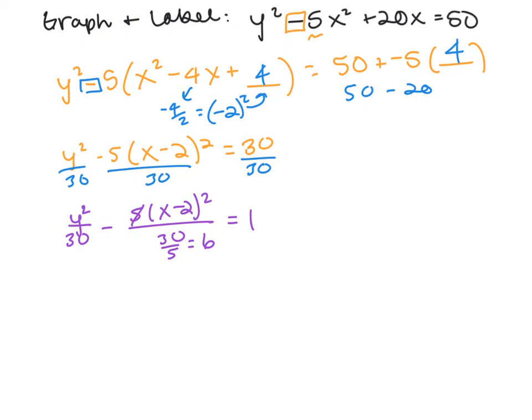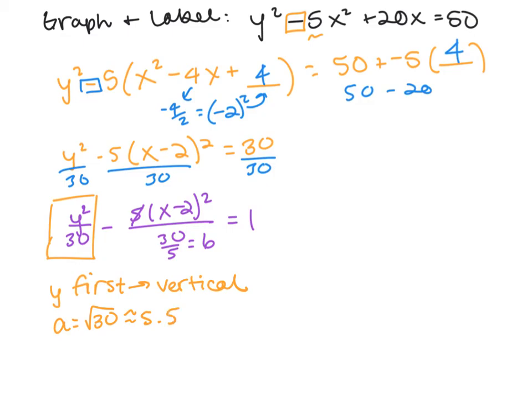So now we can figure out all of our pieces. First off, like we said before, the a value just goes with the first fraction, the positive fraction. So in this case, since y is first, that means this is a vertical hyperbola. Then that a value is the one that goes with y. So a is going to be the square root of 30, which is approximately 5.5. b is going to be the square root of 6, which is approximately 2.4.